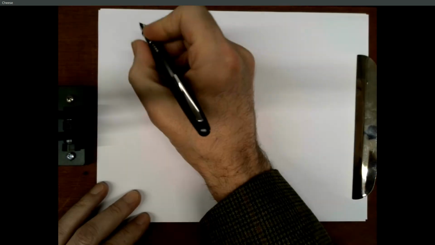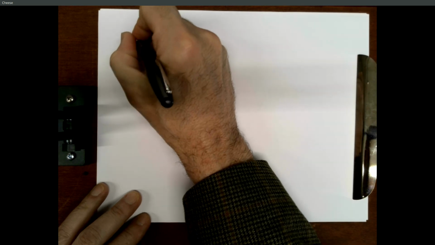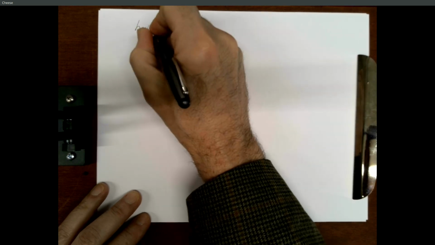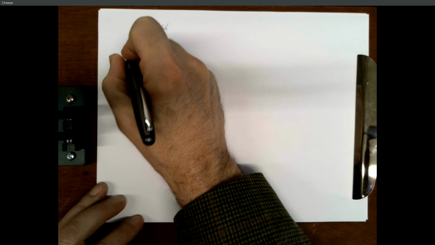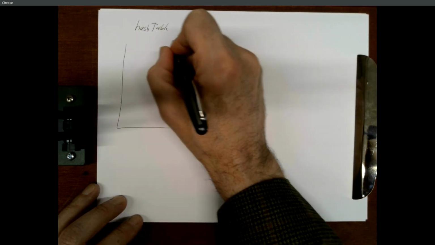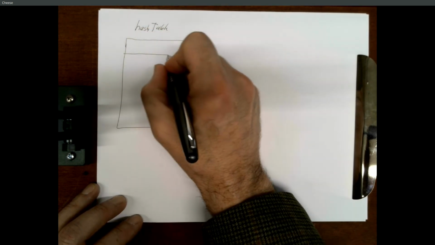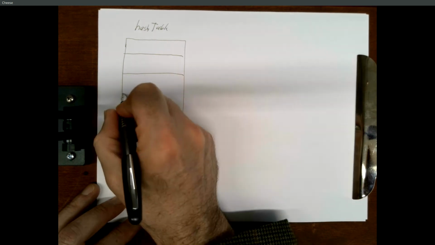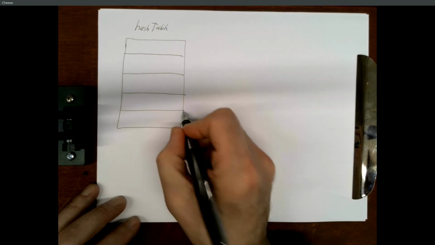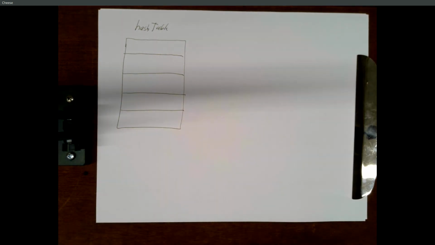So we want to think about this modularly, but if we think about what's actually going on, the hash table looks like this. And let's say we initialized our hash to be 5 cells.